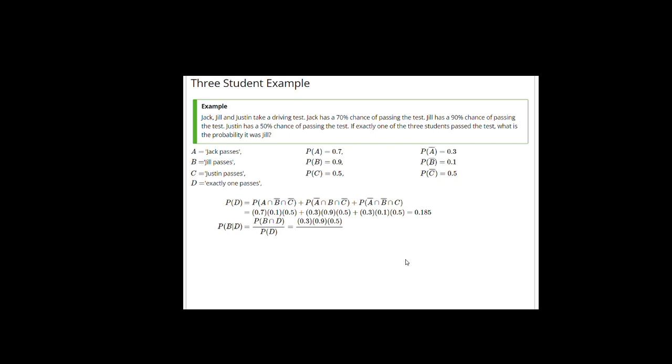That's the numerator in the expression for the conditional probability. The denominator is the probability of the event D, which we've already computed, and it's 0.185. So that ratio, 0.73, is the probability of B given D. It's the probability that Jill passes if we know that exactly one of them passed.